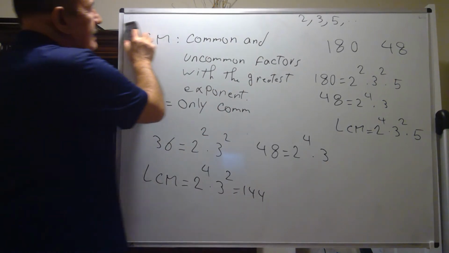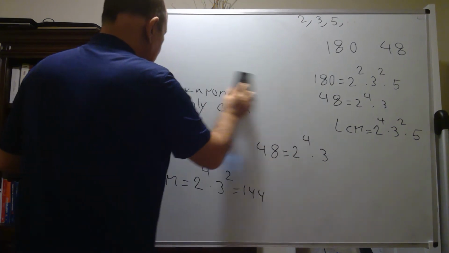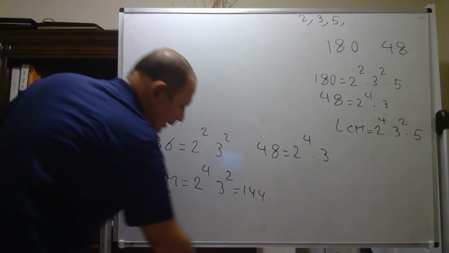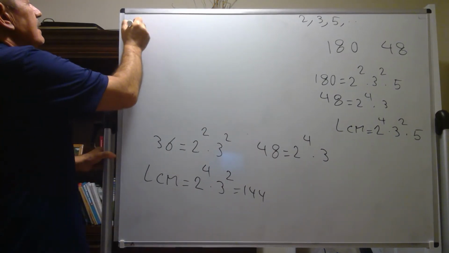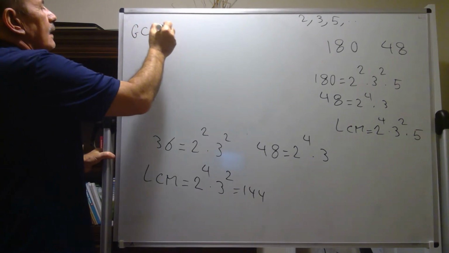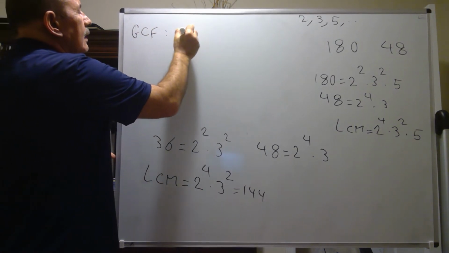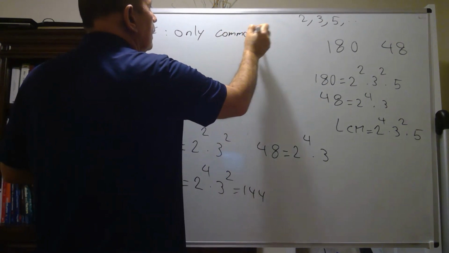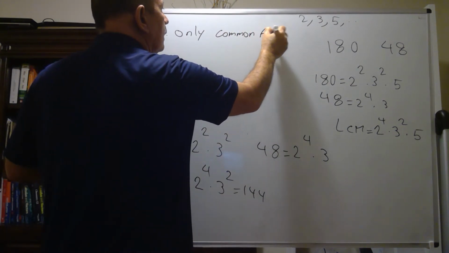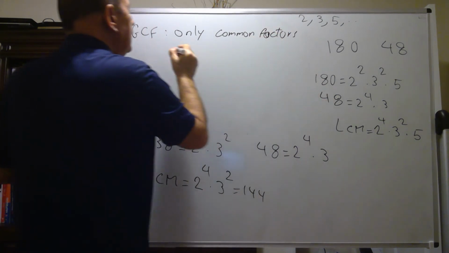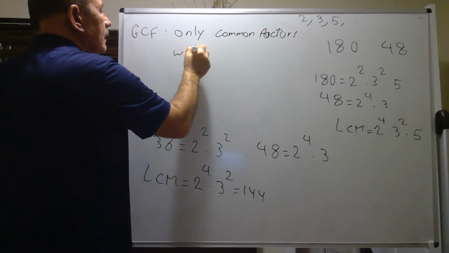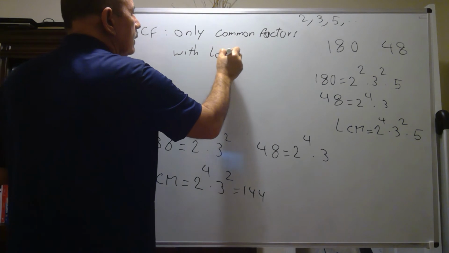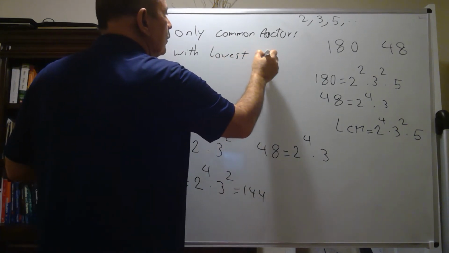We already had the LCM. Now the GCF is only common factor with the lowest or smallest exponent.